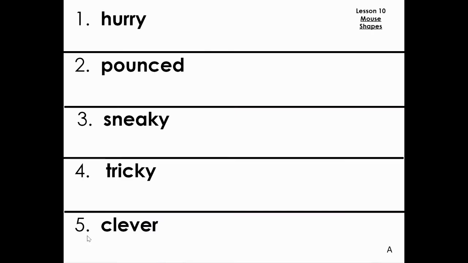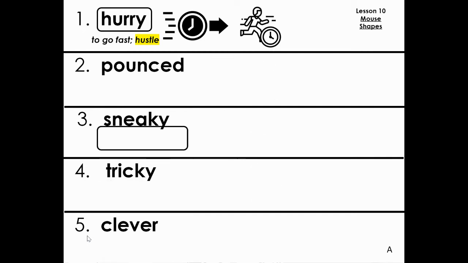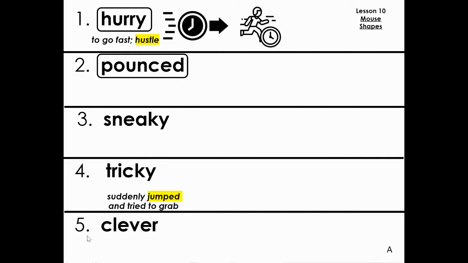The moral. Here are some vocabulary words from Mouse Shapes that you might say when you're talking about the story. Number 1, hurry. Hurry means to go fast, hustle. Number 2, pounced. Pounced means suddenly jumped and tried to grab.